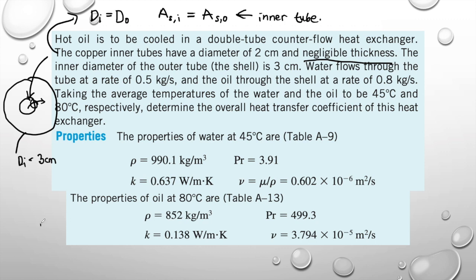So if you have a double pipe heat exchanger, the outer is what we call the shell, and the inner is the tube. So when this question states that water flows through the tubes, it means that the water flows through the inner tube at the rate of 0.5 kilogram per second, and the oil through the shell, the outside of the tube.